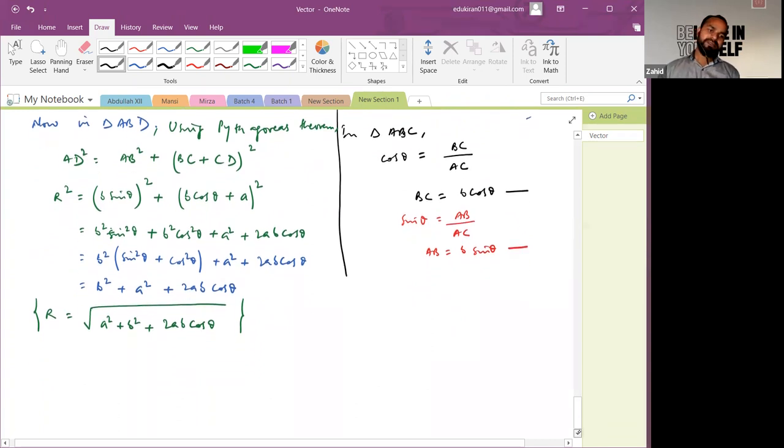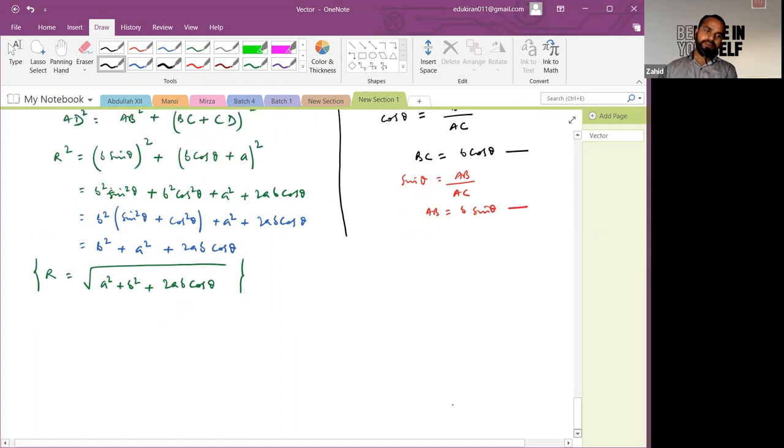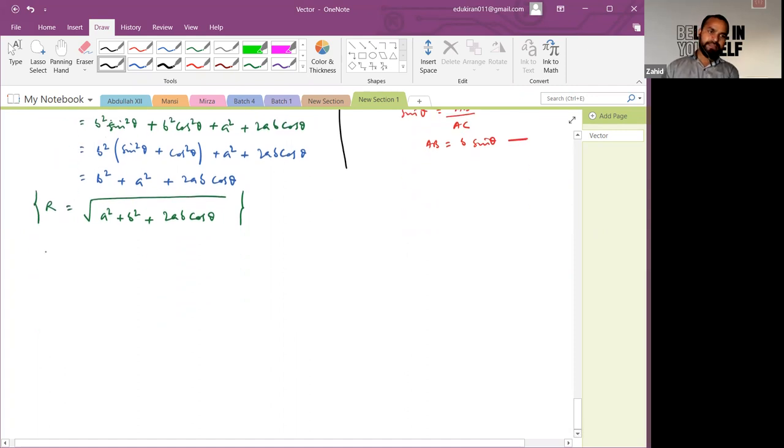Now this is your final result of this resultant or magnitude of resultant. Now we may define its value. Let's say at theta is equals to 0 degree. So cos 0 will be maximum as 1. So resultant of this will be A plus B as maximum value.